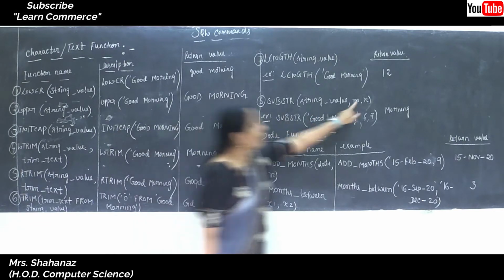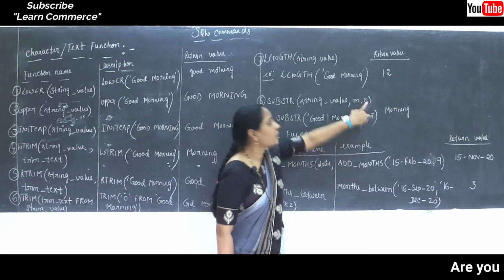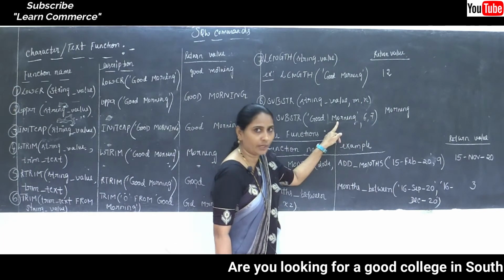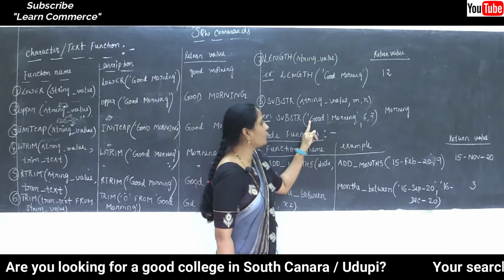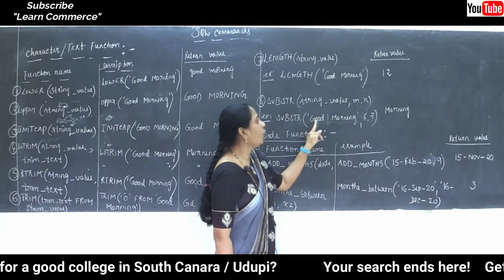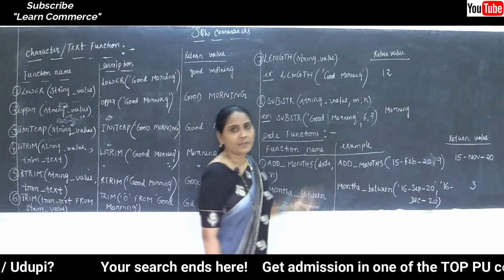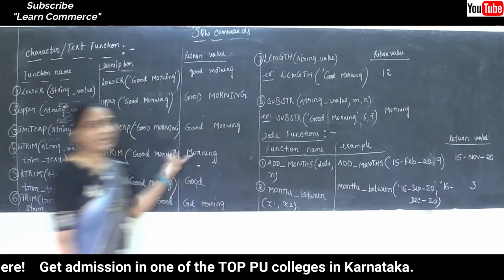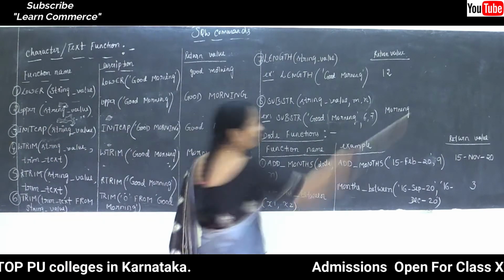The m position value is 6 and the n value is 7, so it returns morning, starting from m position 6. That means when you count, G is 1, O is 2 and 3, D is 4, and including the space we need to count, that is 5, and later the 6th position is the letter m. So it returns the value morning.